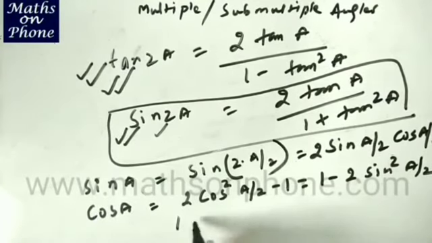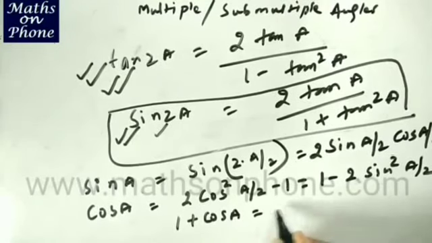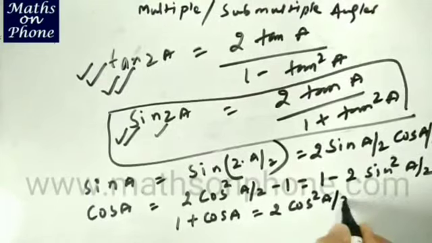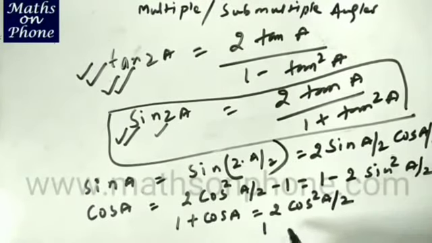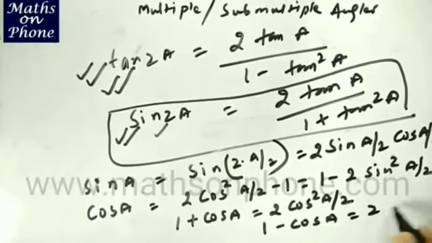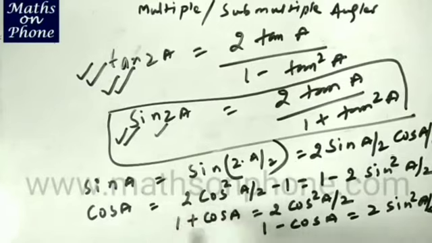This is 1 plus cos A is equal to 2 cos square A by 2, and 1 minus cos A is 2 sine square A by 2.